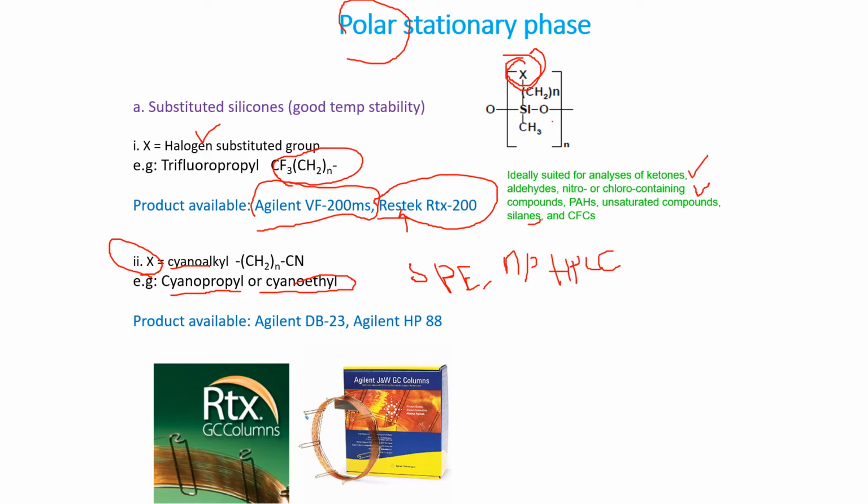So everything is the same, going back and forth, using the same material. Products available are Agilent DB23 and Agilent HP88. So how do you know which one to buy? Later I will show you the list of columns that you can see and study.